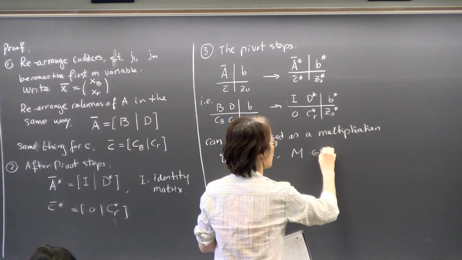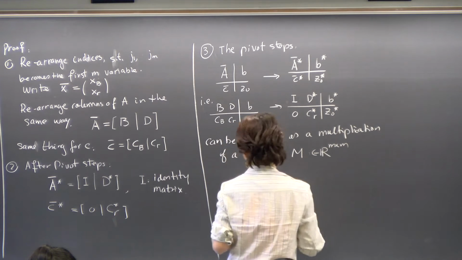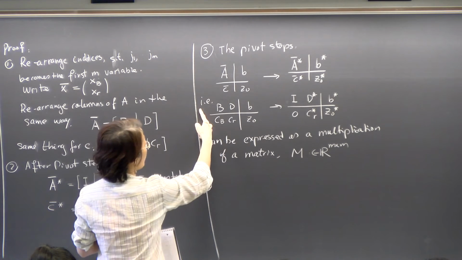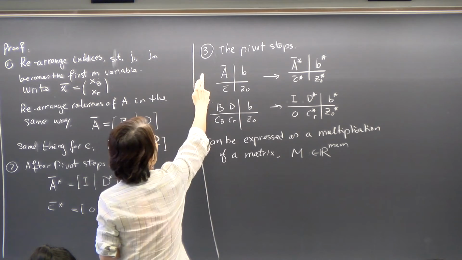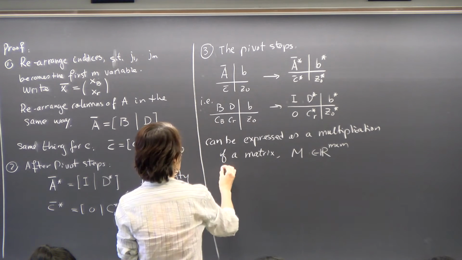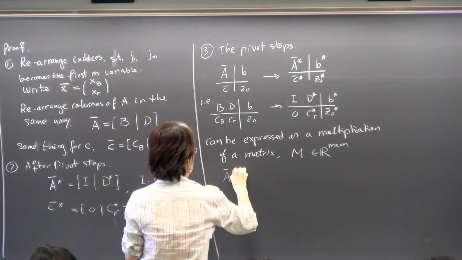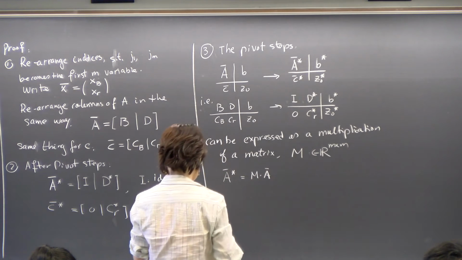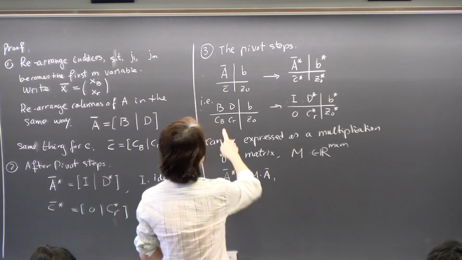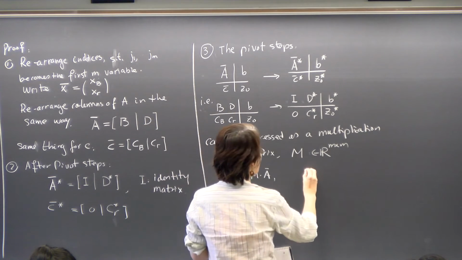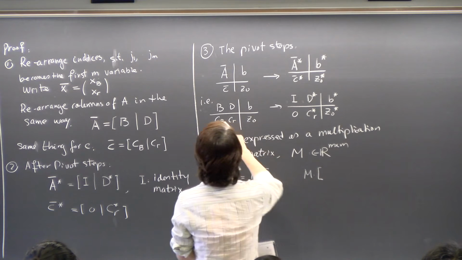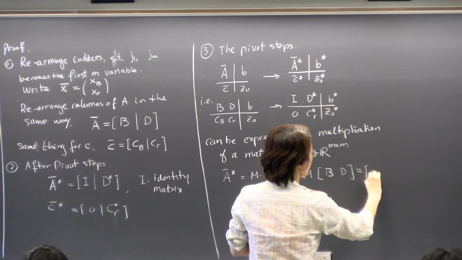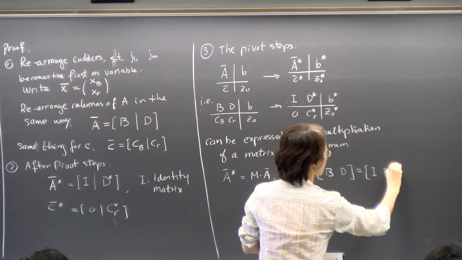This M is a square matrix of size M by M. So that means I multiply this by M on the left, and I will get that. Okay, M multiplied by this will give me that. So this means A bar star equals M times A bar. If I write it in detail in terms of this expression, that means M multiplied by this matrix, first B, second D, will give me identity and D star.